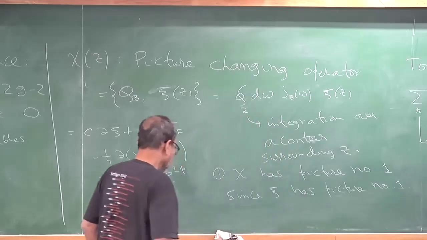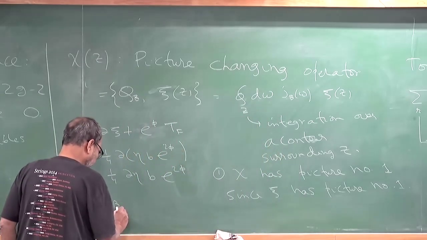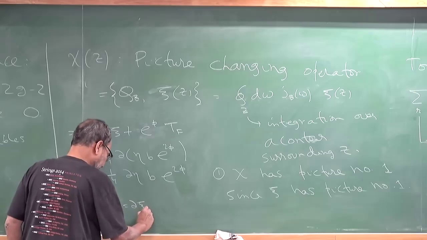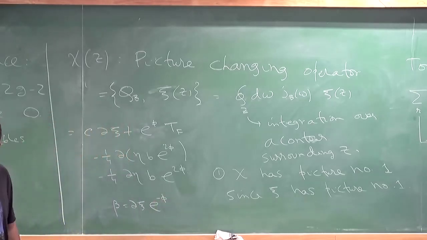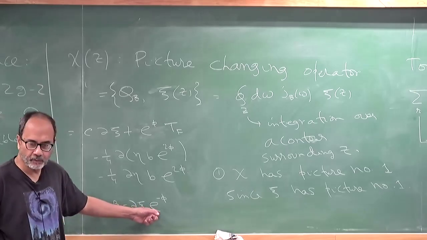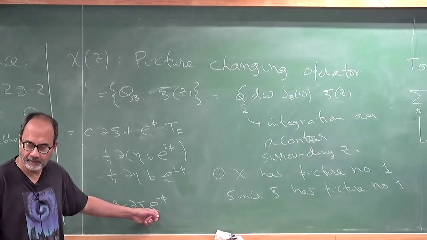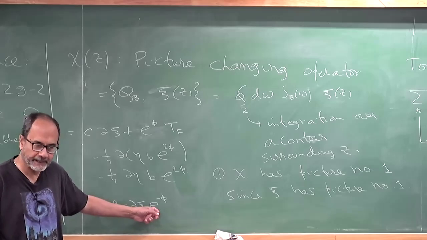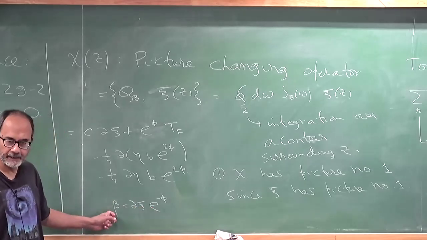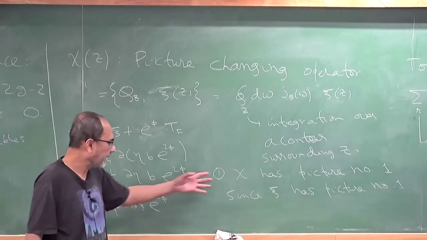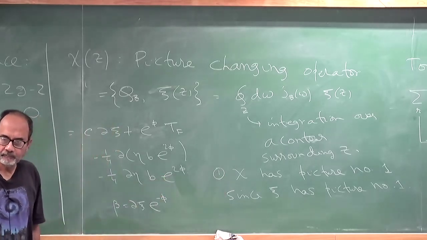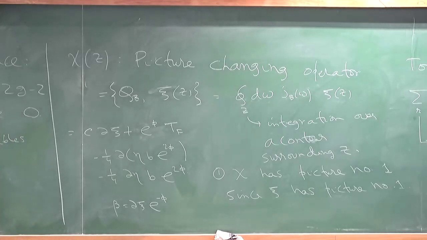Just to remind you why that is the case: β, you remember, is ∂ξ e^(-φ). This has picture number -1. e^(qφ) always has picture number minus q, so e^(-φ) has picture number -1. β doesn't have picture number, so ∂ξ should have picture number 1. So this χ has picture number 1. Is that clear?